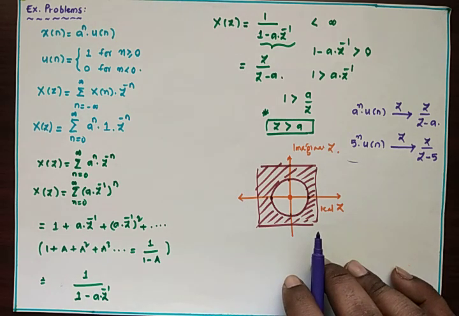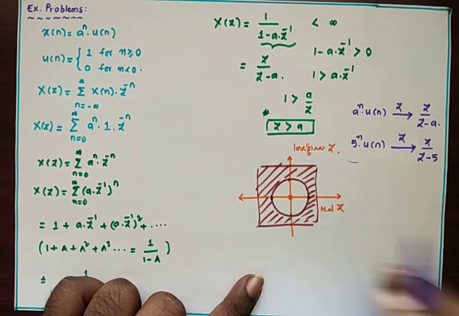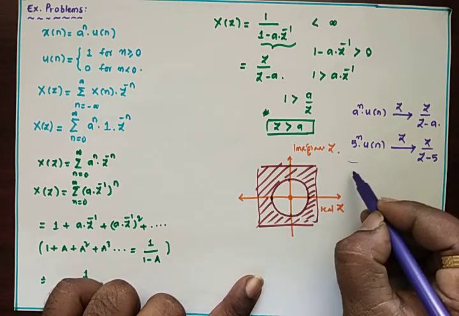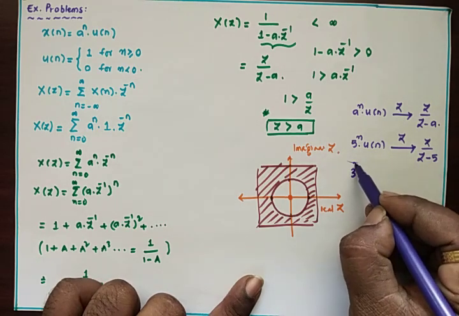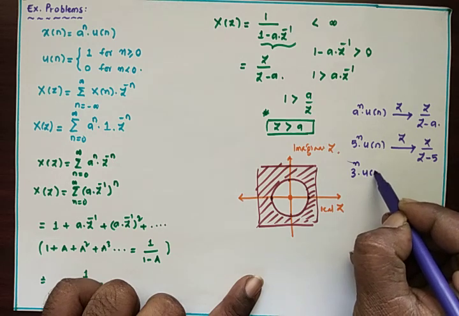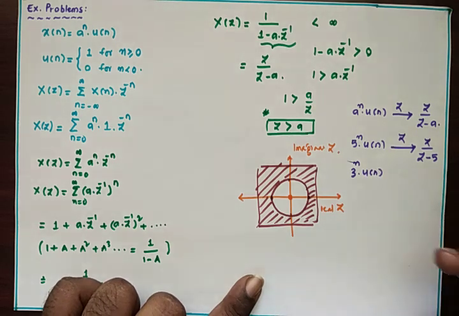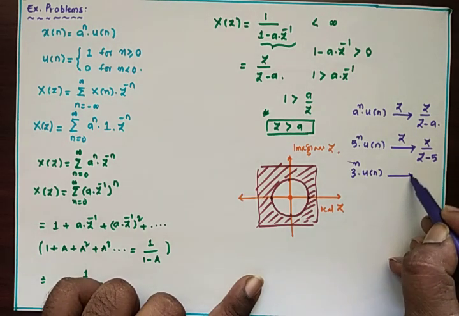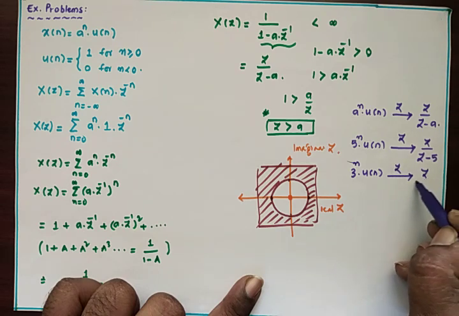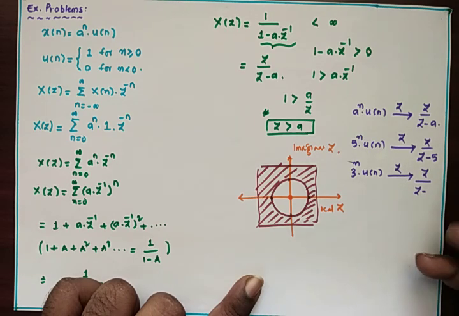Then if you have the signal 3 to the power of n into u of n, on which if we apply the z transform, that will be z by z minus 3 only.